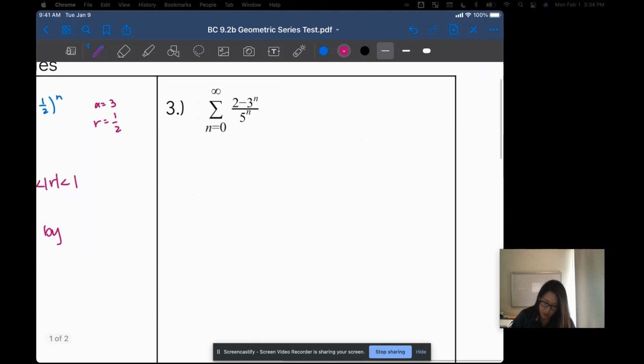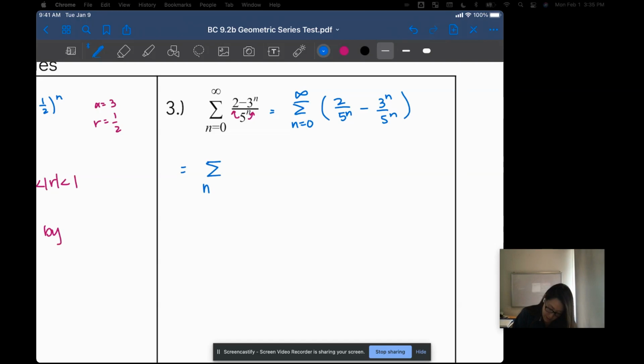Okay, this one, again, not as straightforward. It just doesn't look like a geometric series, but then I'm like, oh, maybe if I divide the 5 to the n into both terms, I can get the sum of 2 over 5 to the n minus 3 to the n over 5 to the n. I'm like, this could work. So now using my properties of series, I'm going to rewrite my series using two summations.